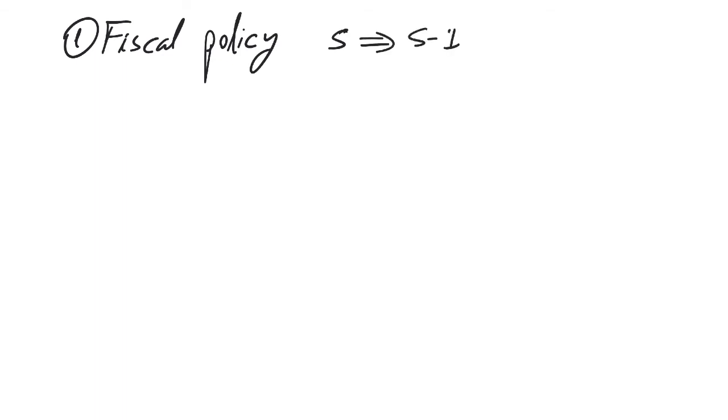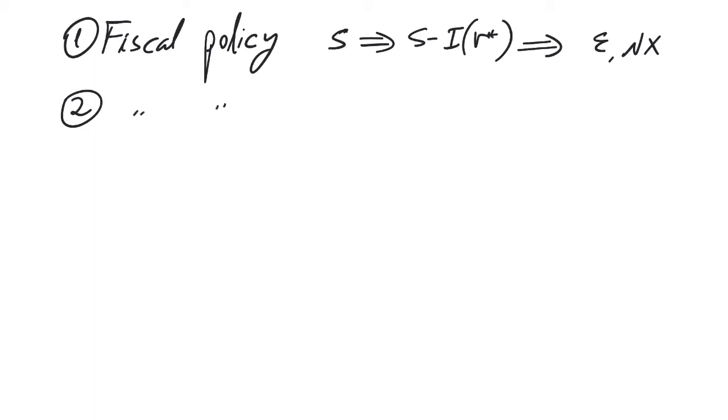So in terms of fiscal policy, we would use a change in S to affect the difference between S minus I of R star, and that will give us a combination of a real exchange rate and net export. So that would be how we affect fiscal policy.